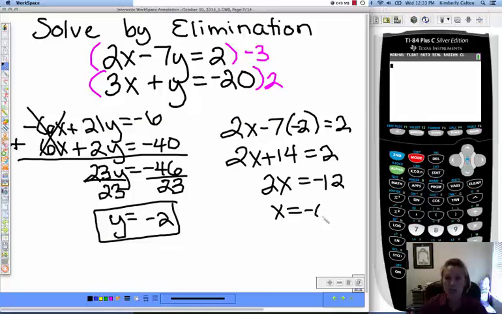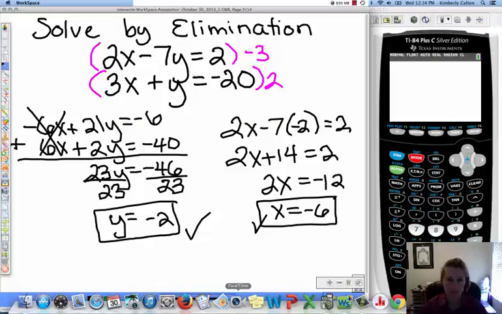And x would equal negative 6. Now remember, if we wanted to do this correctly, we would go back and check, and we'd have 2 times negative 6, which is negative 12, plus 14, which gives me positive 2, and 3 times negative 6, which is negative 18, plus negative 2 gives me negative 20. So this is the correct answer.